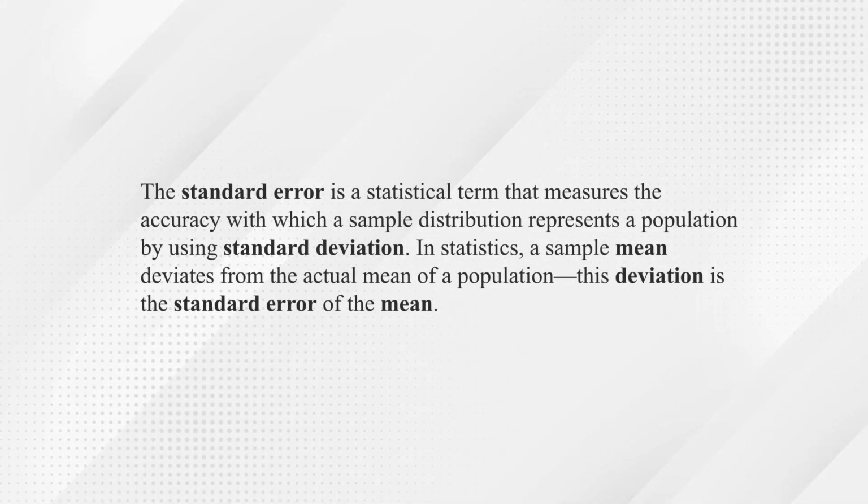The whole of statistics is based on assumptions and presumptions, and when you presume anything, there are chances that you can reach optimality but not to that level. So whatever discrepancy comes is considered the standard error. The standard error is a statistical term that measures the accuracy with which a sample distribution represents a population by using standard deviation. In statistics, a sample mean deviates from the actual mean of the population. This deviation is the standard error of the mean.